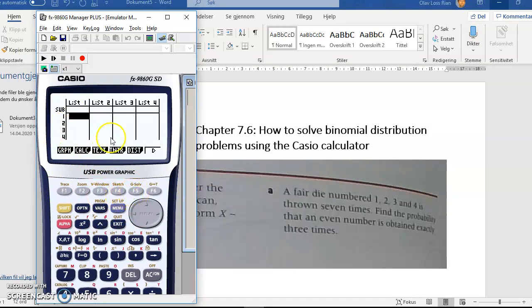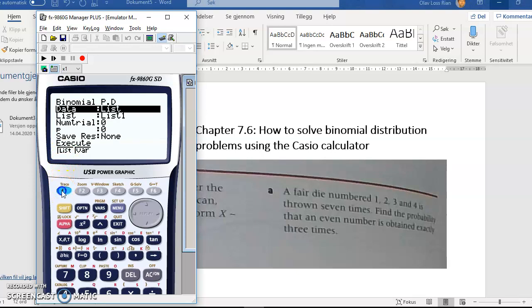We don't have to put anything into the lists here. Even if the lists are full, you can just ignore that and go to distribution. So that's F5. Binomial distribution, that's F5 again. And you choose the first one, which is binomial probability distribution, like this.